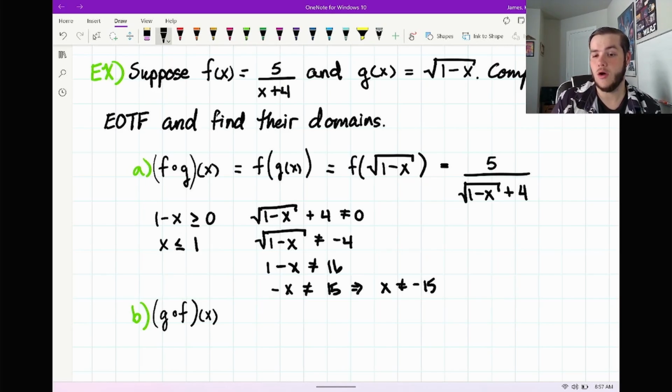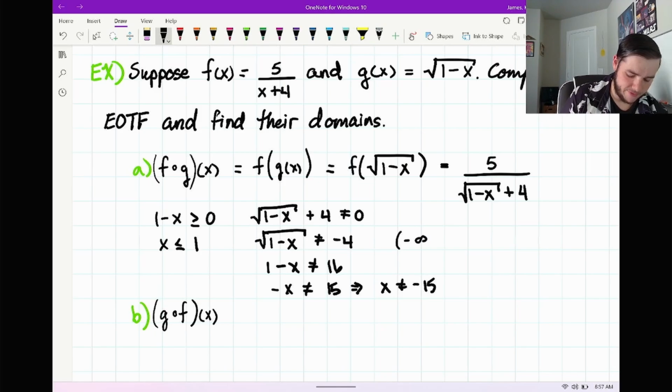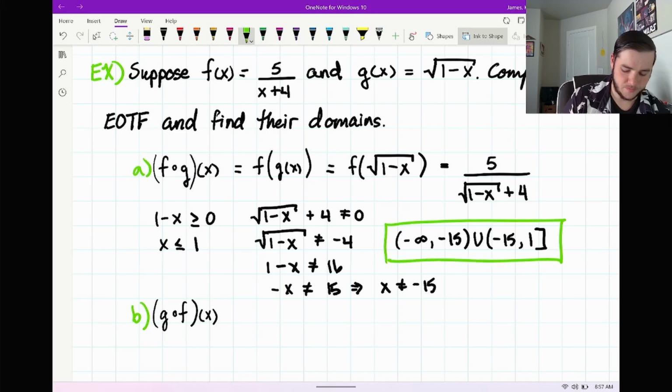So, all numbers less than or equal to 1 that aren't -15 fit. That tells me the domain is negative infinity up to -15, excluding it, and -15 up to 1, including it, to be the domain of this problem.